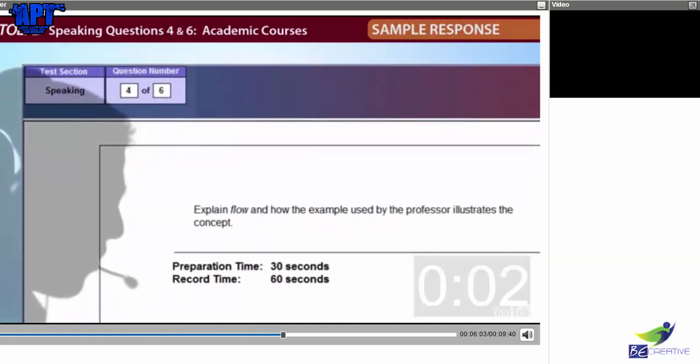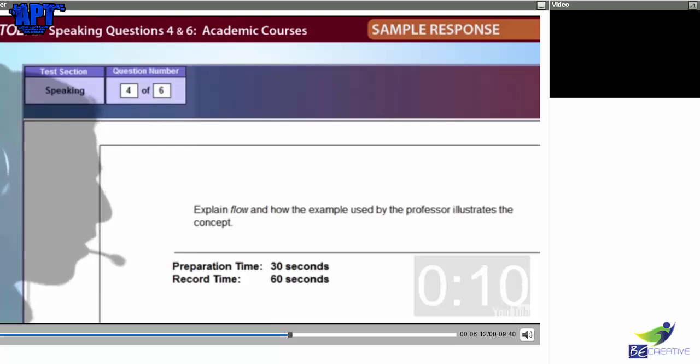Passage is talking about the general information about the flow, and the professor illustrates the example of that. And he said he met a friend who taught physics, and a few years ago he accidentally met his friend, and he found that his friend's clothes were all rumpled, and he asked him he's okay, and the friend said he's so concentrated on the mathematic puzzle that he didn't sleep or rest, and also he didn't actually eat.